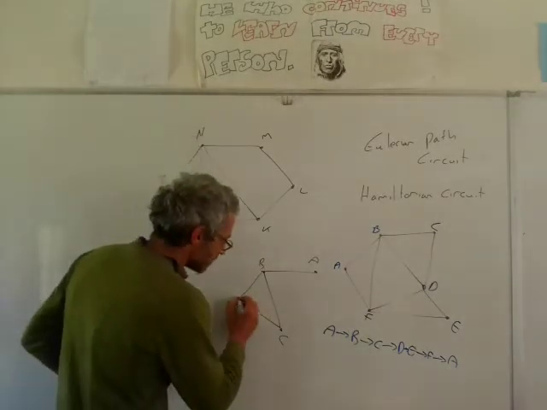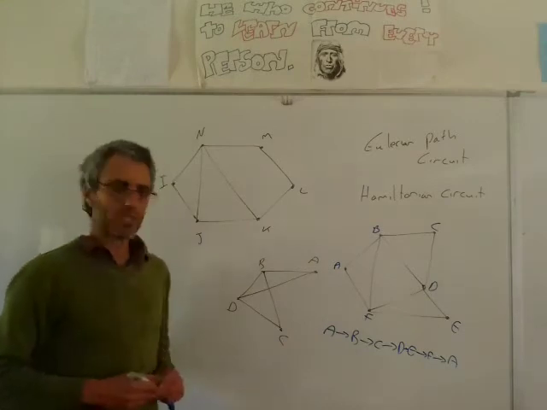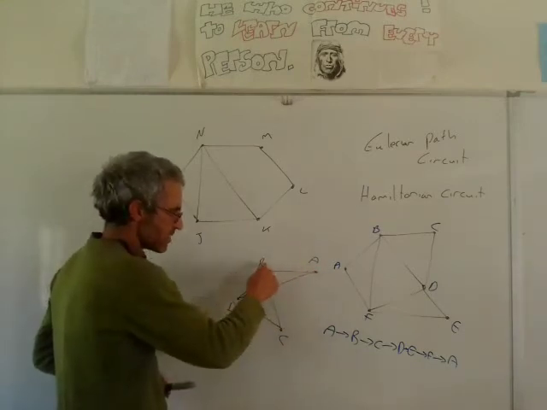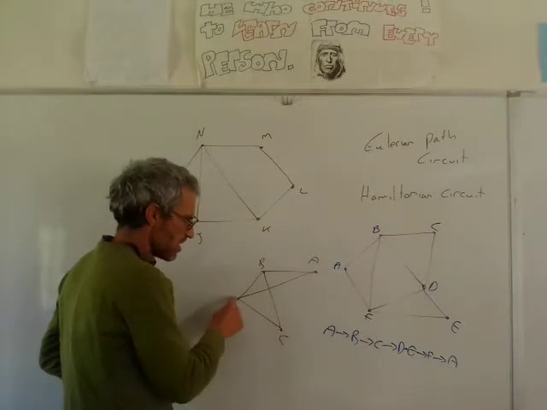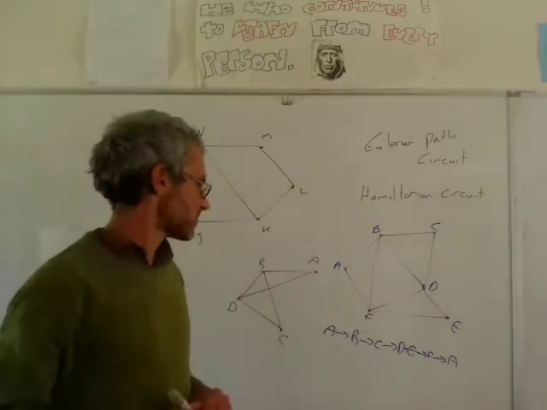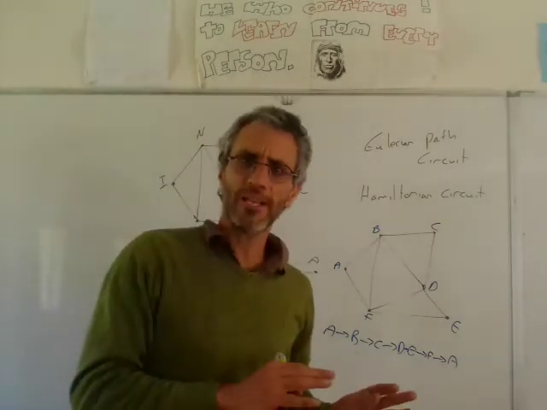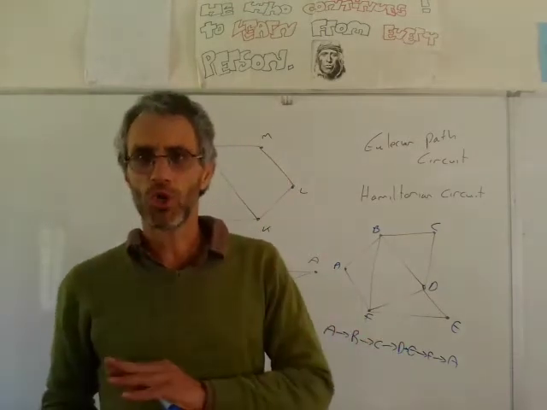If I add one more vertex, that will work, because now I'm going from A to B to C to D, back to A, and I didn't have to go through any other vertex. So some graphs have Hamiltonian circuits and some do not.